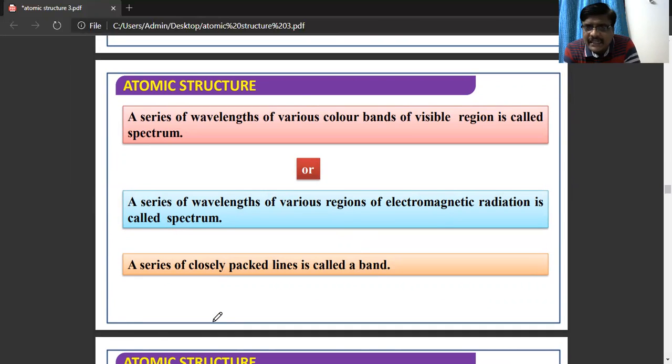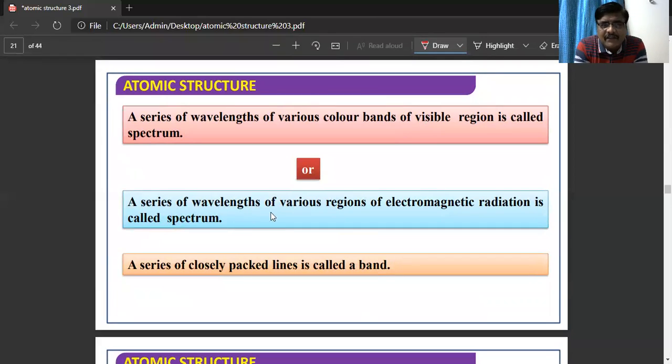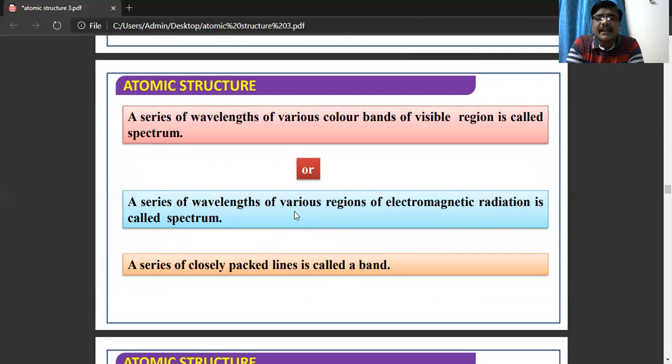When we consider the spectrum, see here, a series of wavelengths of various colors which are present in the visible region is known as a spectrum. So what is a spectrum? A series of wavelengths of different colors present in the visible region, or a series of wavelengths of various regions of electromagnetic radiation.